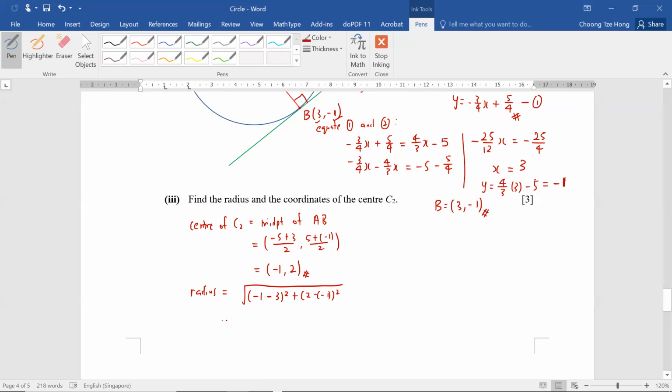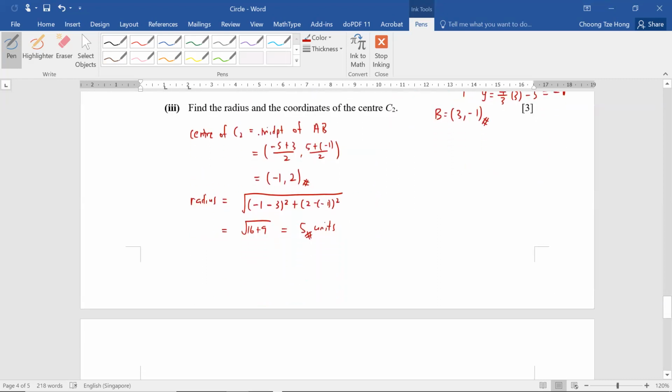If you add up, you will get negative 4 squared, which is 16, and 3 squared, which is 9. So square root of 25, you get 5 units. This is how you find the center and radius of a circle.